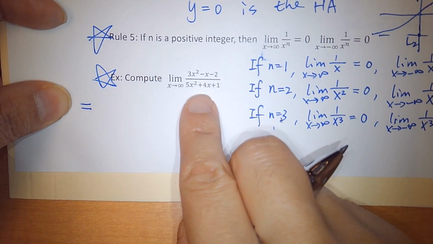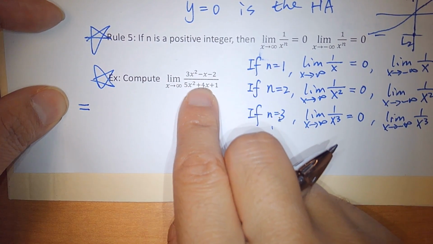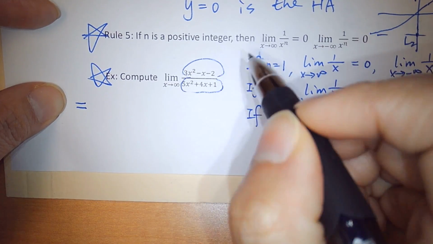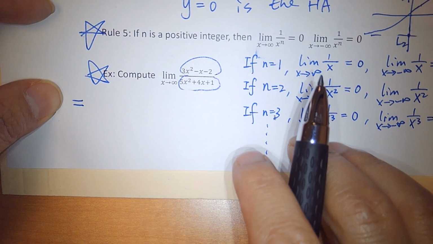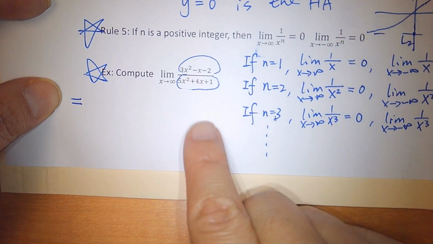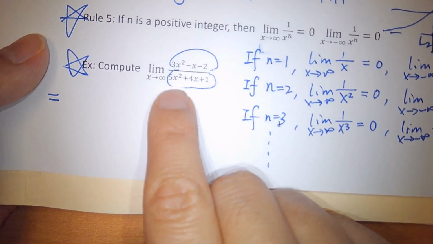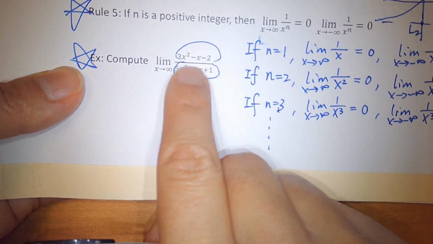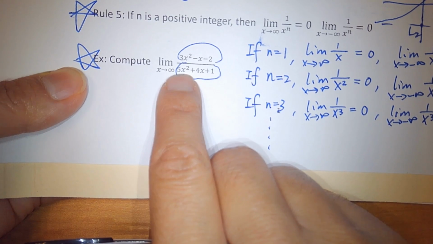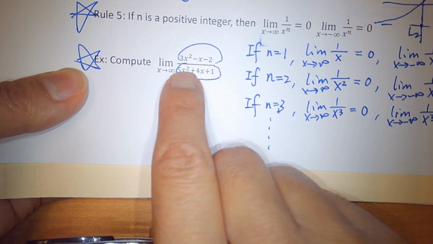How to solve for this type of limit? If we have a polynomial divided by a polynomial, what do we do? Our idea is to find the highest power from the denominator. What is the highest power of x from the denominator? 2.